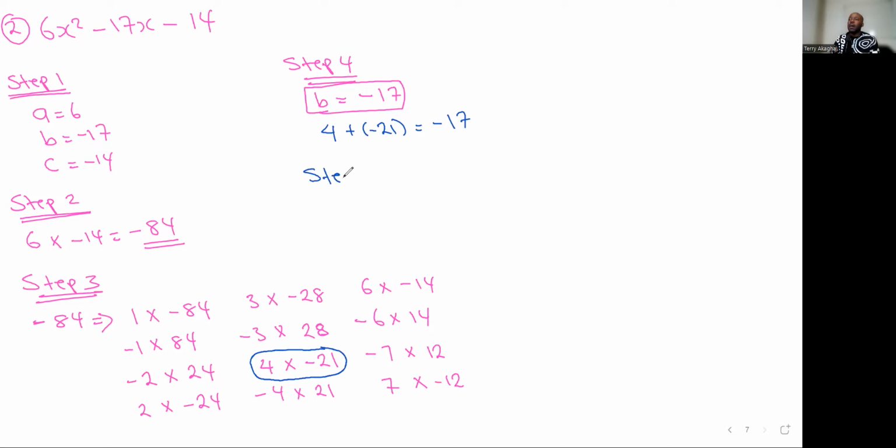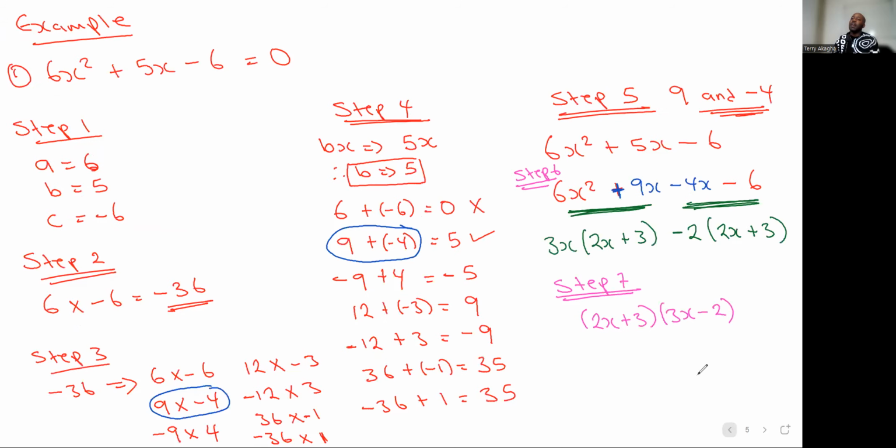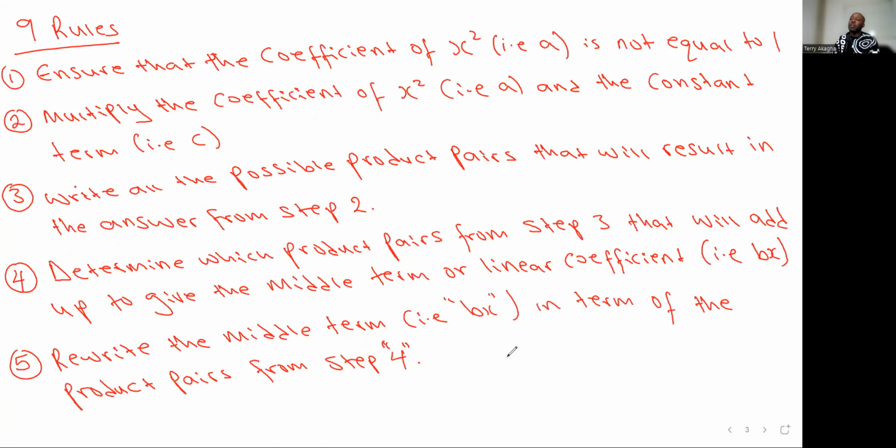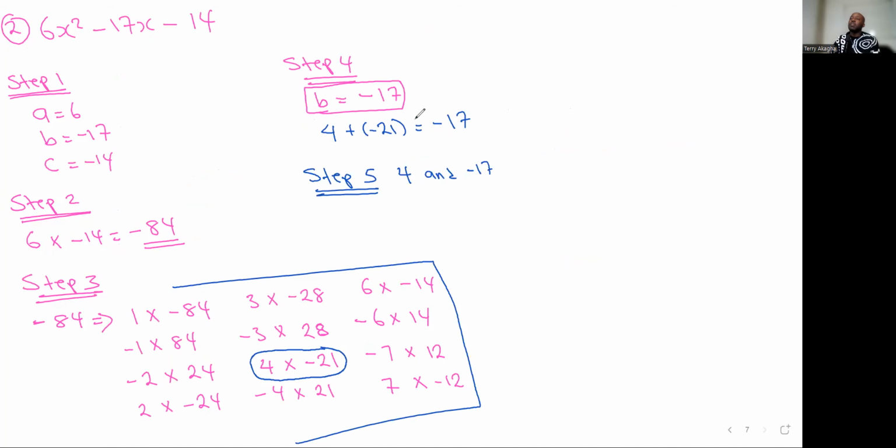So then step 5, the pair we're selecting is 4 and minus 21, right? Step 5 says that we then have to rewrite the middle term with the product pairs. So we're going to replace minus 17. We had 6x squared minus 17x minus 14.